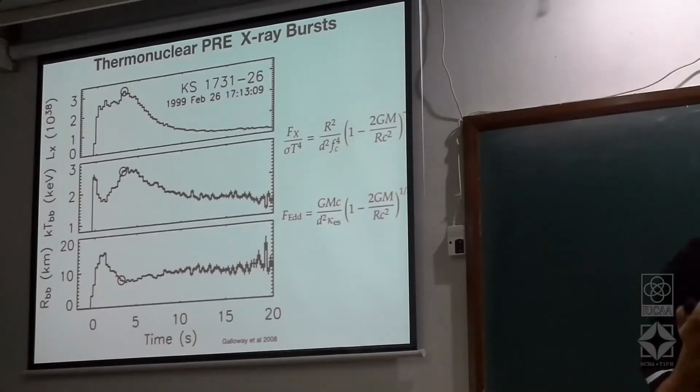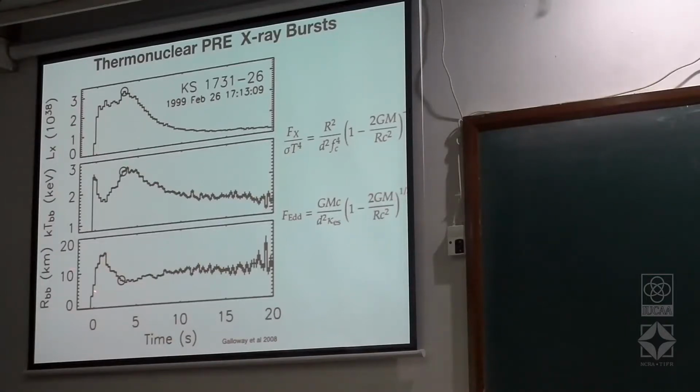You're measuring not just flux, you're also measuring the spectrum, measuring the temperature, right? So measuring these two quantities, Lx and temperature, as a function of time. Therefore, at any point of time, given luminosity and blackbody temperature, you can tell what the radius is, from this relation.